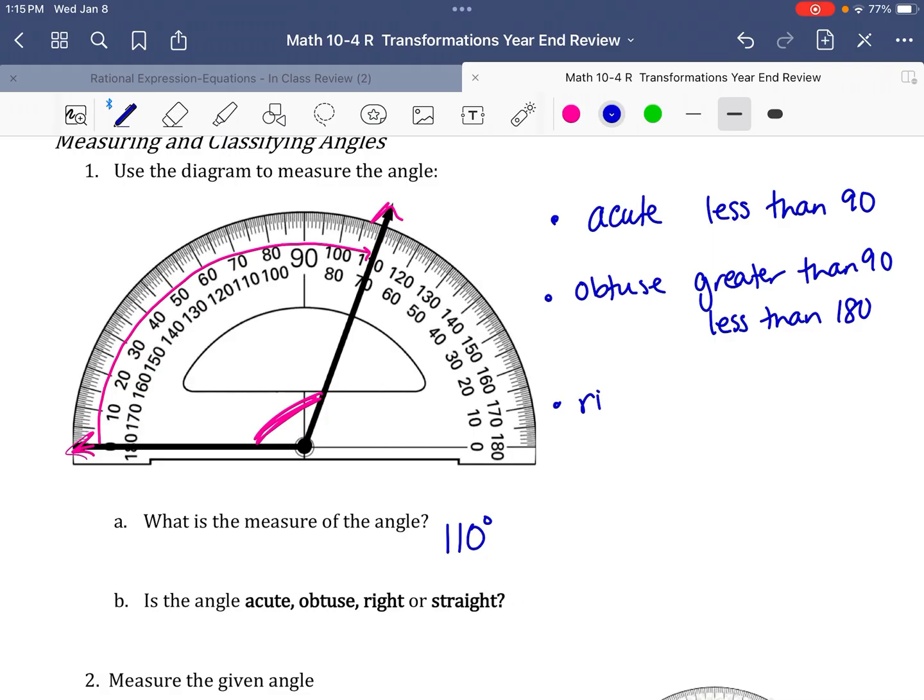We also have right angles, which are 90 degrees. And finally, straight angles are 180 degrees. So draw a little picture there of a 90-degree angle as well. So we have acute, obtuse, right, and straight. So this particular angle is an obtuse angle.